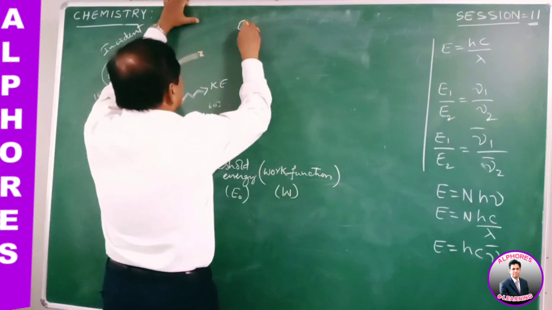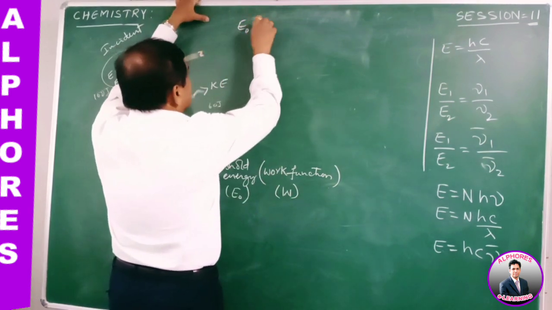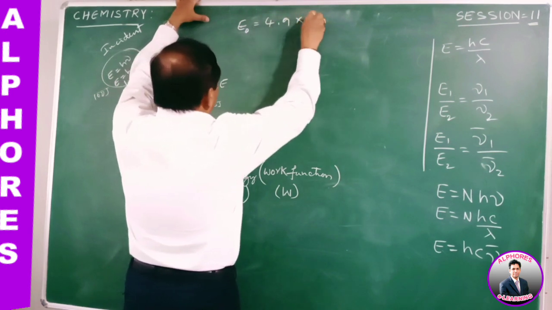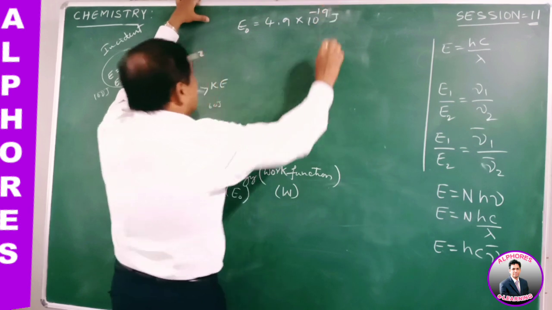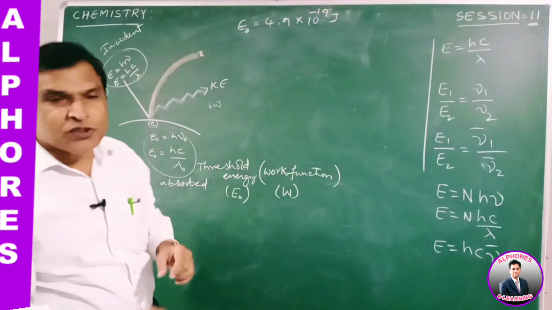That means this much energy is required. Once again, let us see the concept of the problem. E naught is given clearly: E naught is equal to 4.9 into 10 to the power minus 19 joules. It speaks completely of threshold energy.